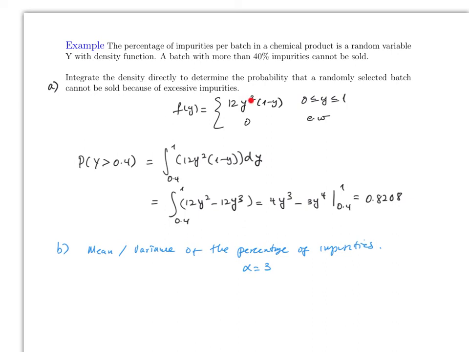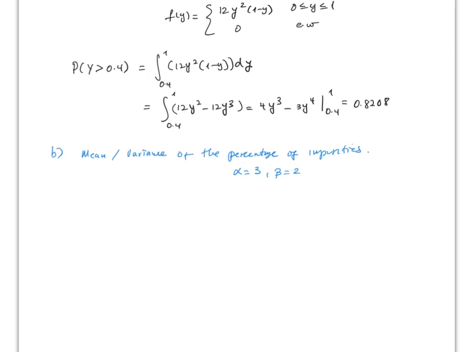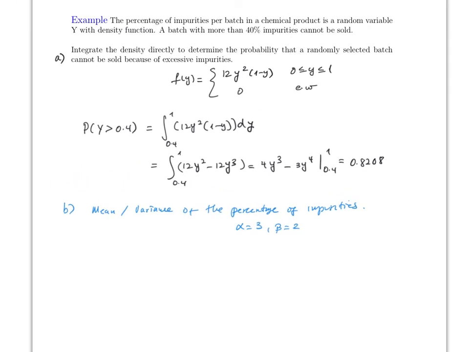Why? Because 3 minus 1 is 2. And the value for beta has to be 2, because 2 minus 1 will give you 1. So this is a beta distribution with alpha equals 3 and beta equals 2.